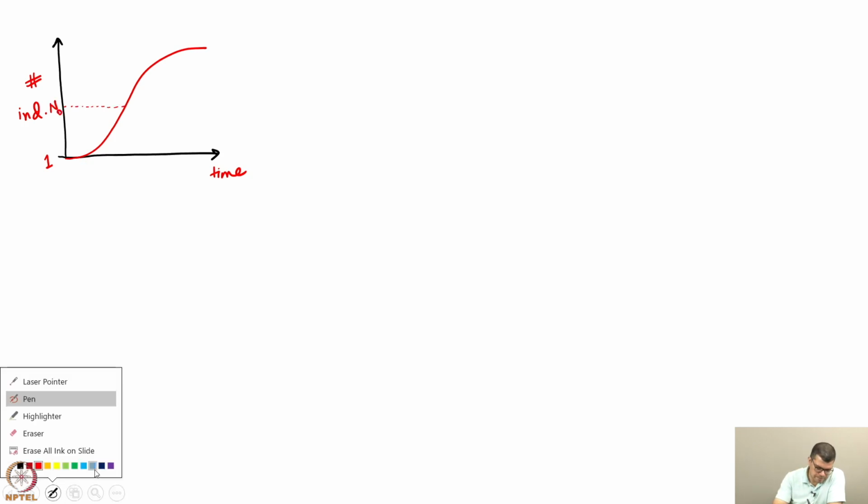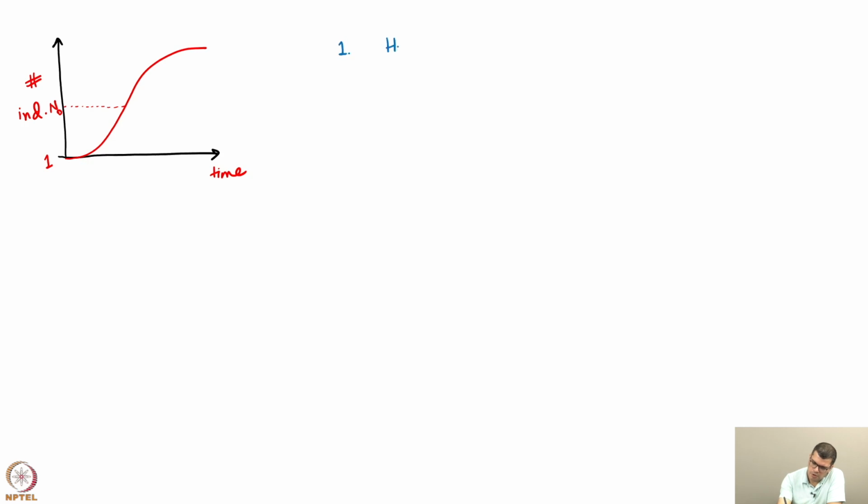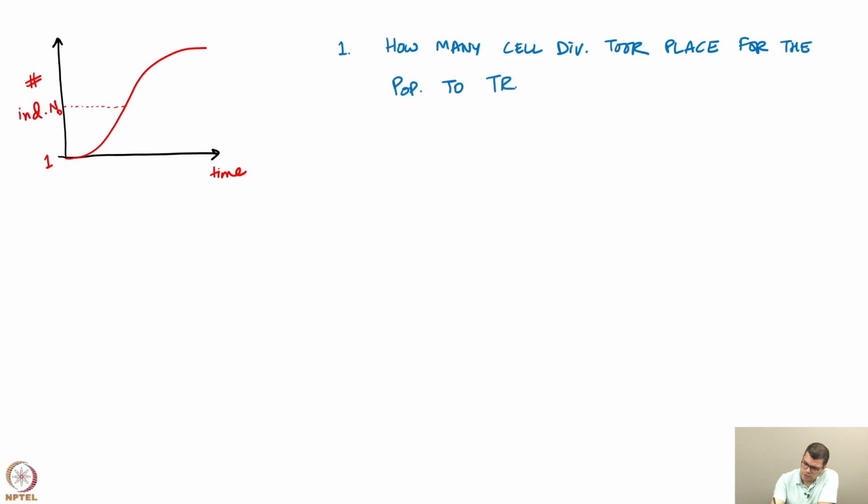The 2 questions are: 1, how many cell divisions took place for the population to transition from population size n equal to 1 to n equal to n naught? That is the first question.